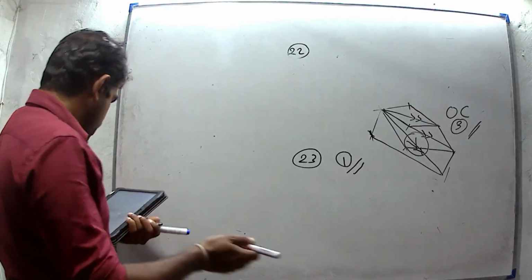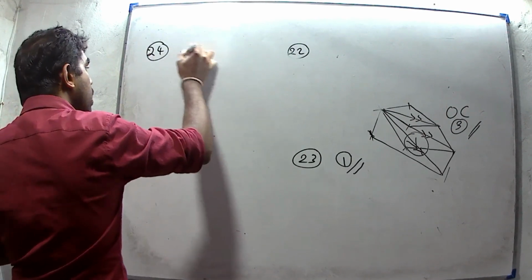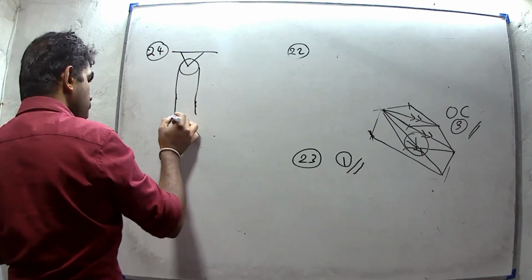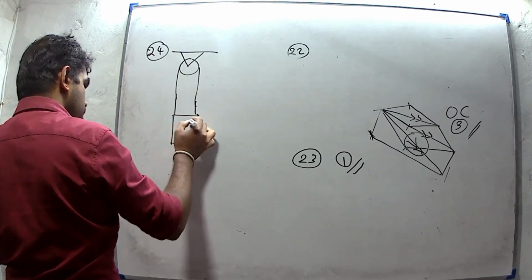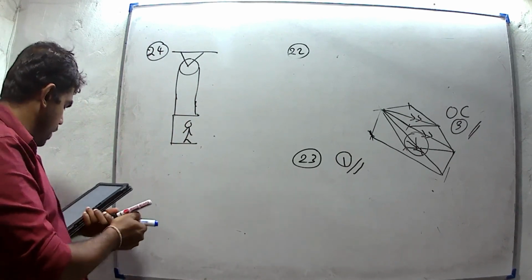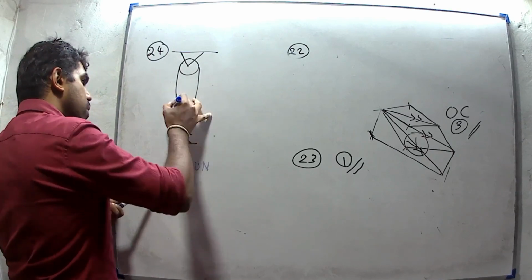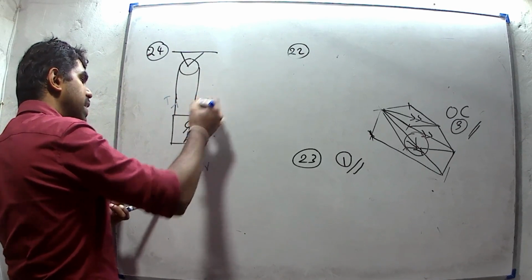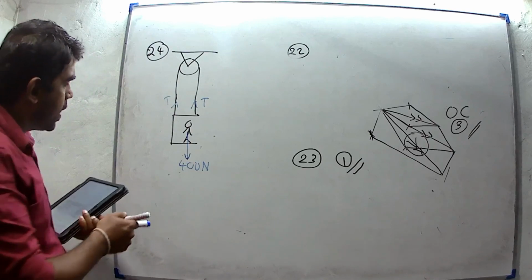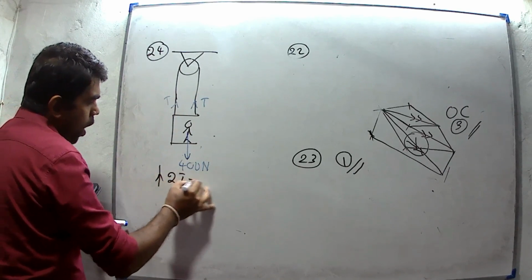In the first case, they have given a figure like this. Now, the total weight is 400. There are two tensions, the same tension because it is the same rope. Then for vertical equilibrium, 2T equals 400.